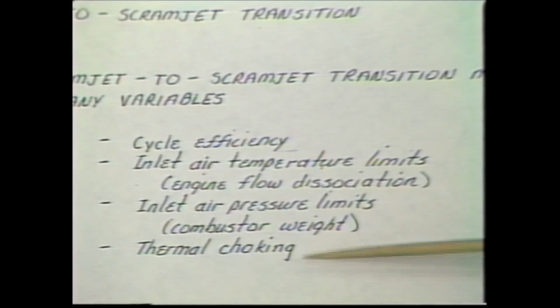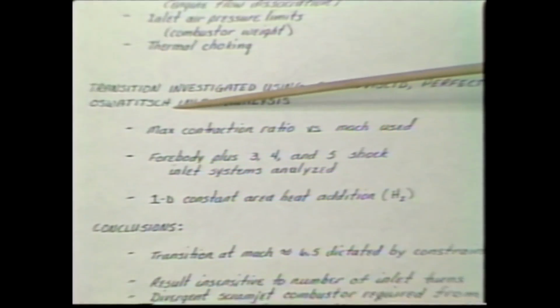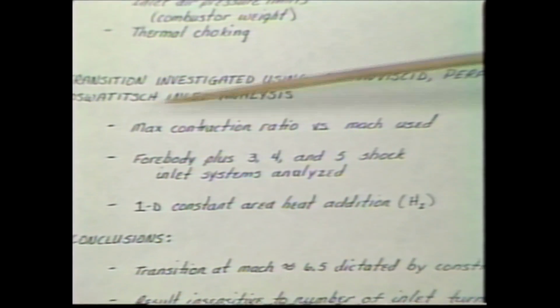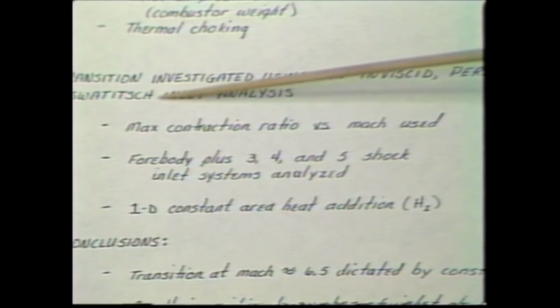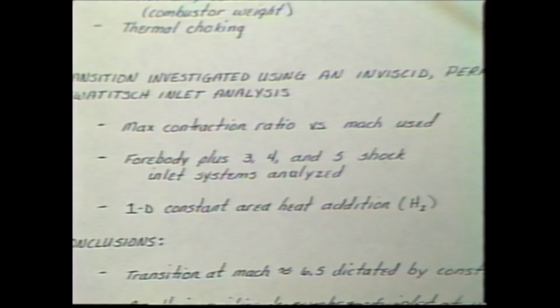And thermal choking. I did an investigation, assuming an inviscid perfect gas analysis, on something called an Oswatich inlet. An Oswatich inlet, we'll talk about more later. It's the inlet design I used here. It's basically having turns on the forebody and ramp that have equal total pressure losses.